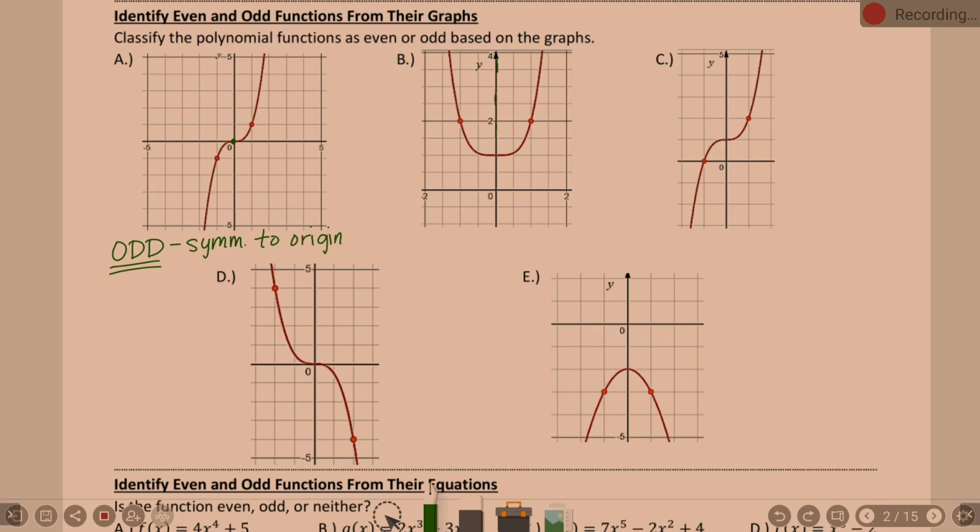Does it fold across the y-axis here? Yeah. Okay, I'm going to be able to fold that across the y-axis. You guys could take your papers and fold it on that center line. And it's going to line up, isn't it? So B is an example of even. My reasoning is it's symmetric to the y-axis.